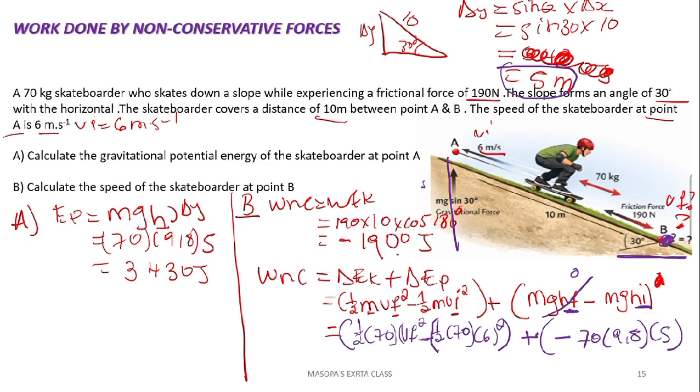You will get 35 vf squared, and you will minus it by 1260 from when you punch it in a calculator. You're going to have minus, because positive times minus gives minus. And our potential gravitational energy at point A will be the one that we've calculated, which is 3430.